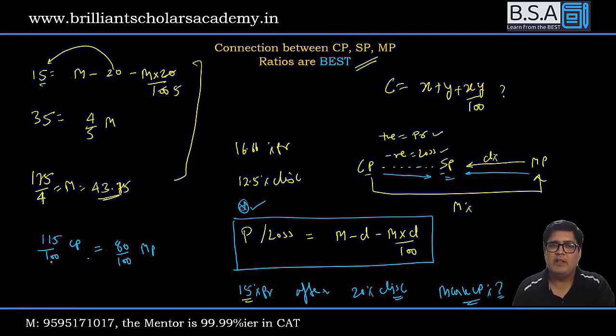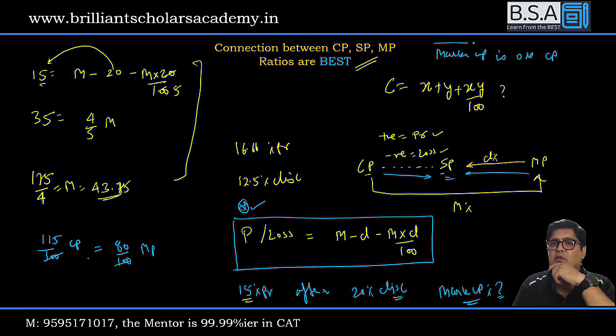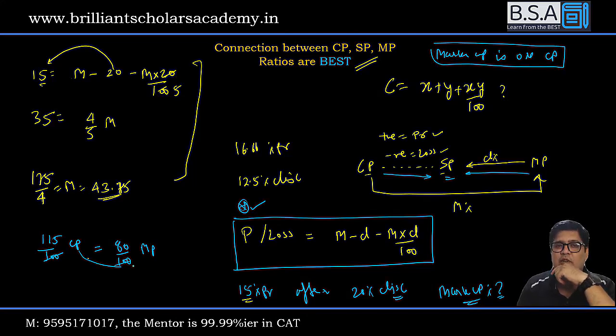So same product, cancelled. Now remember and recall, markup is on what? Markup is on CP. So where should CP go? CP should go in the denominator. This CP should come down. MP upon CP, this 80 will go below. 115 upon 80.